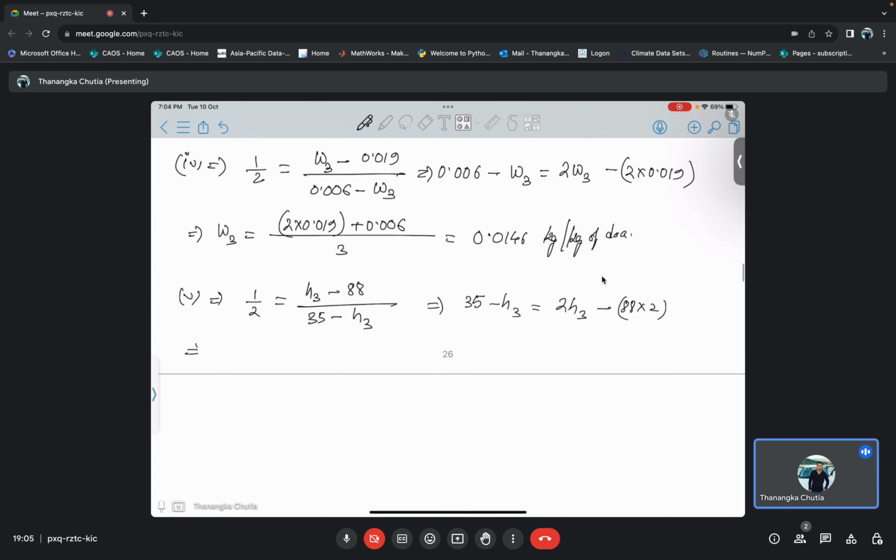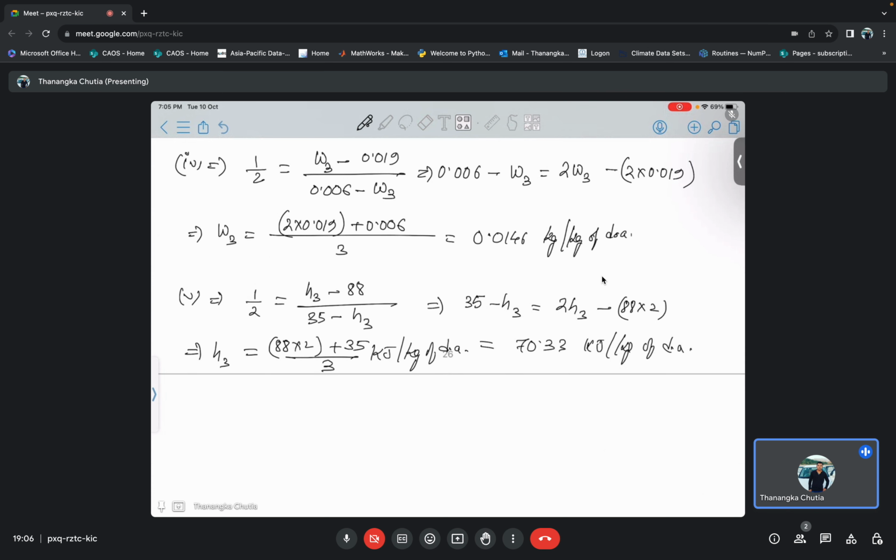So H3 will be equal to 88 into 2 plus 35 divided by 3 kilojoule per kg of dry air. So that will be 70.33 kilojoule per kg of dry air.